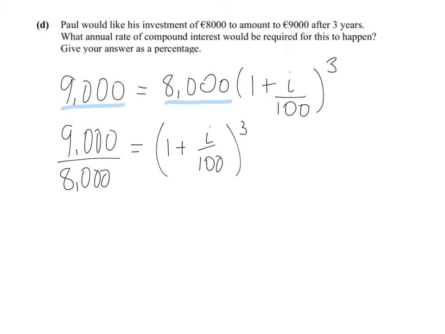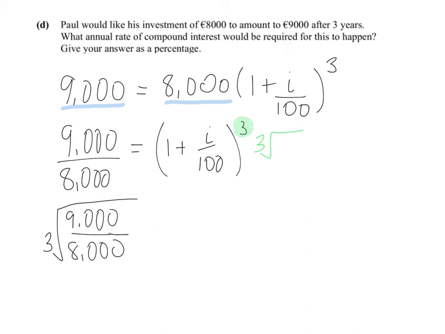Now, remember I said to you, before you solve the 9,000 over the 8,000, we need to deal with this 3. When it's raised to a power, you have to get the cubed root of it. So we're going to find the cubed root of whatever 9,000 divided by 8,000 is. The reason I said don't divide that yet is you're going to get a more accurate answer if you put this all in together.